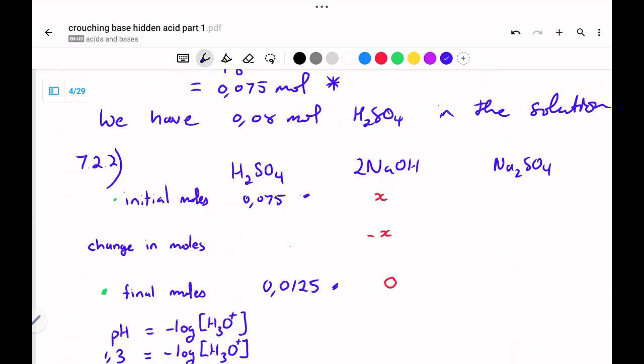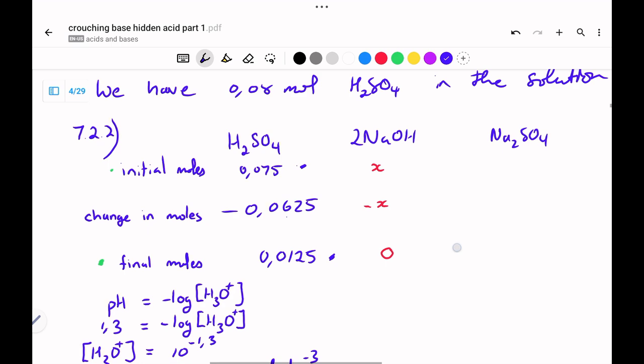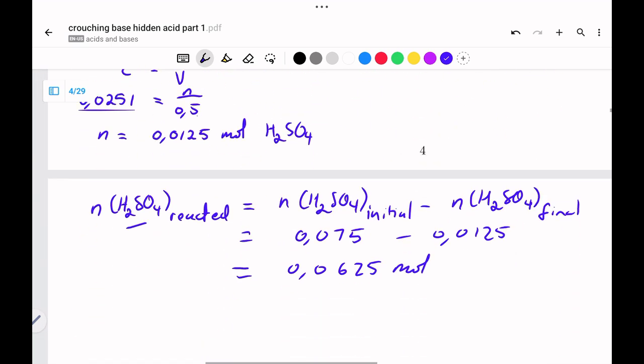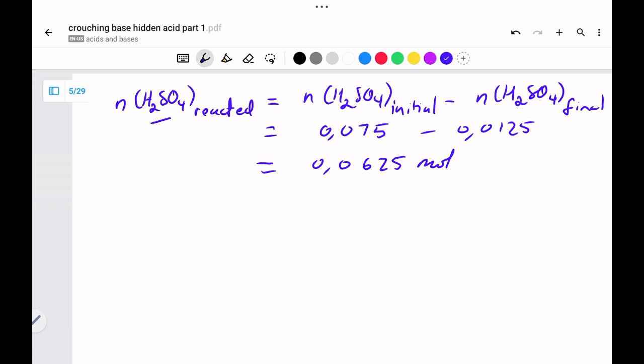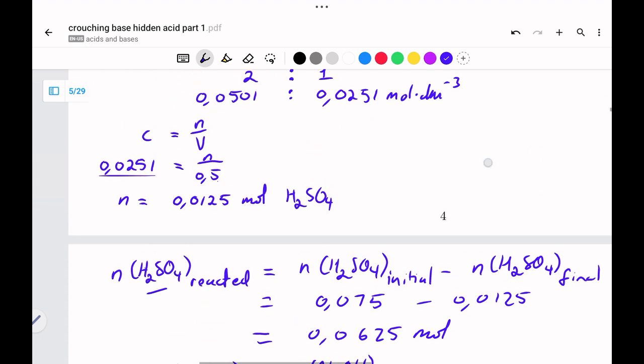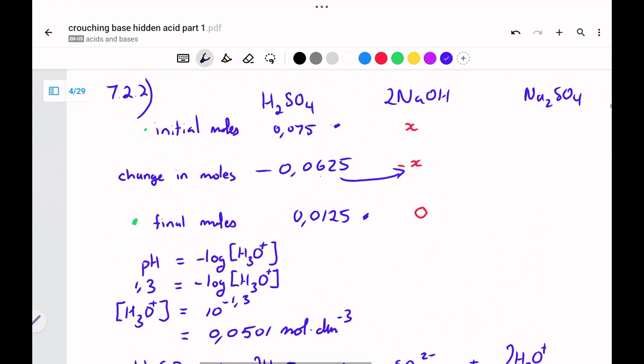Here. And now we can use the mole ratio here, and we can get x. Another mole ratio step. And that was 1:2.